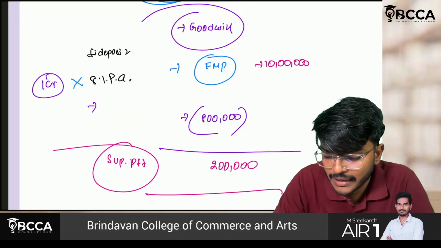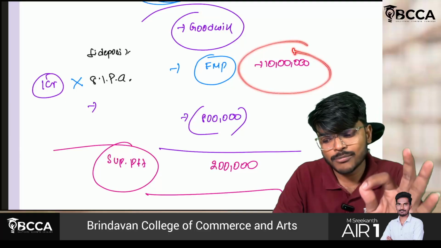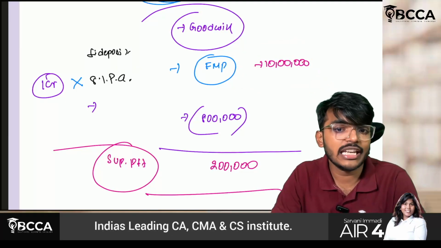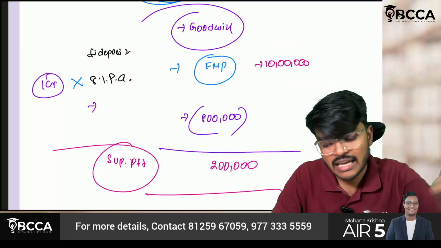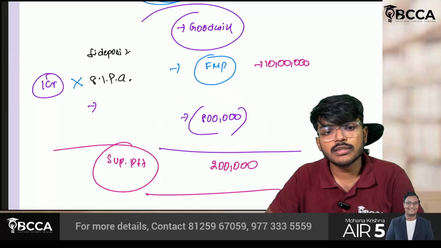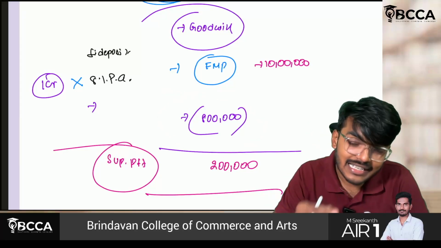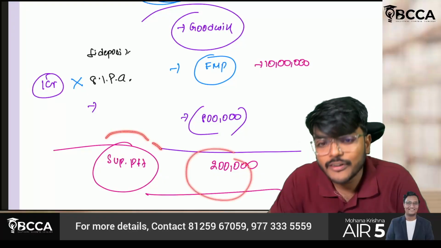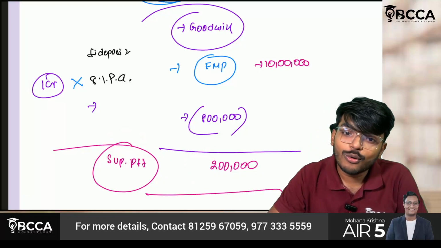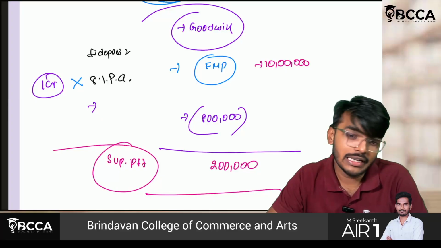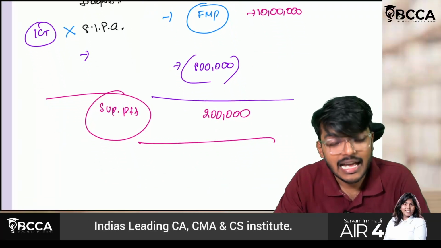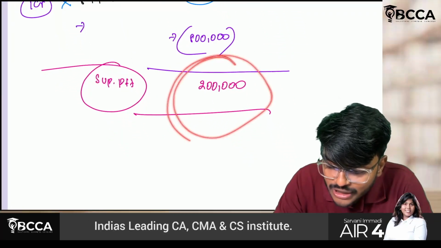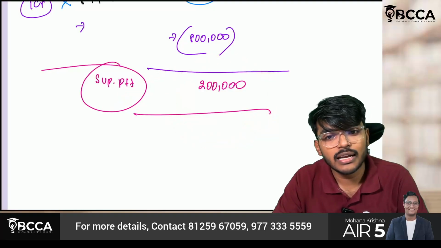Even if I don't invest in your business, I will easily get this 8 lakh rupees. So I am interested only for the extra benefit of 2 lakh rupees. So now I will be paying goodwill only on the basis of super profits.